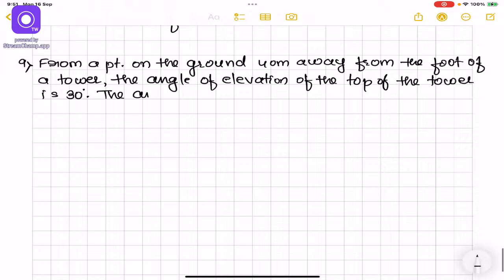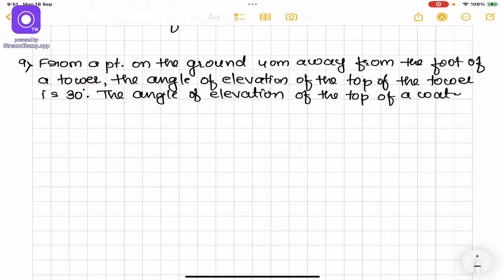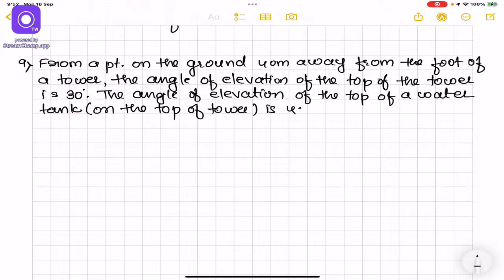The angle of elevation of the top of a water tank on the top of tower is 45 degree.